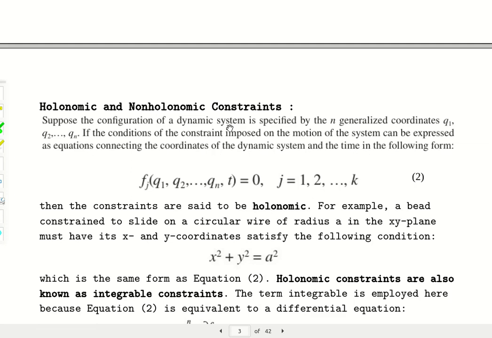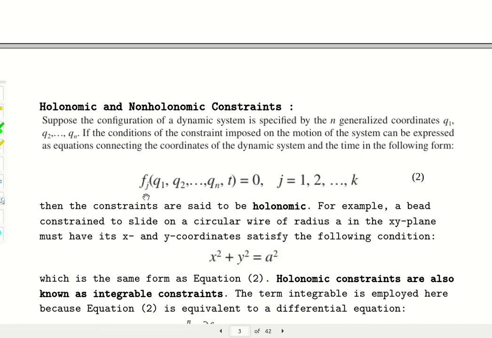Holonomic constraints means that if the generalized coordinates are related by an equation, or by so many equations, then the constraints are called holonomic constraints.